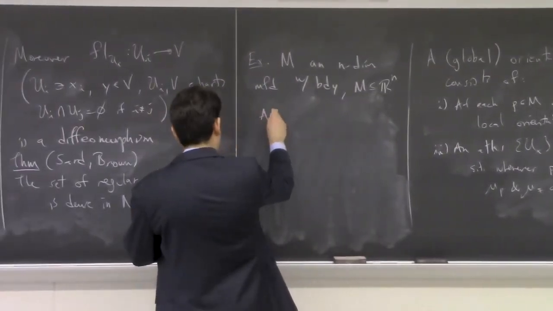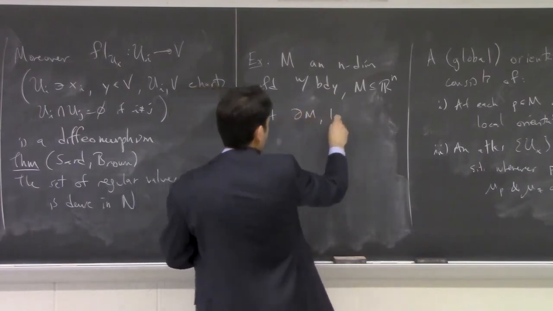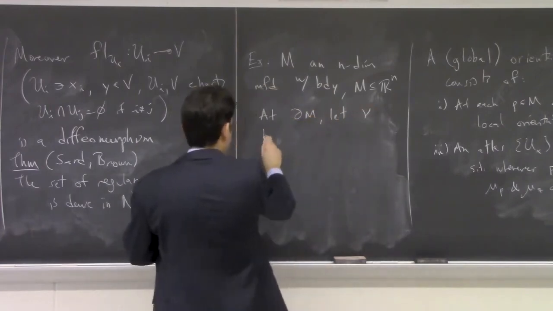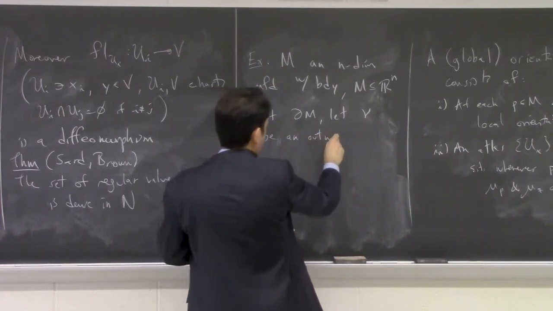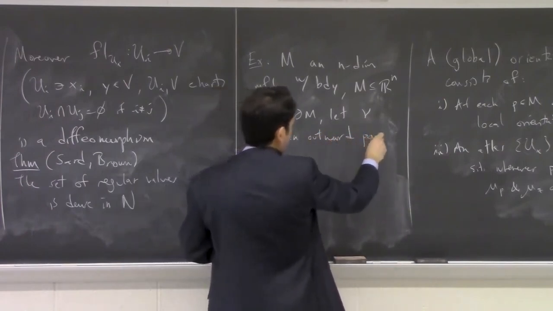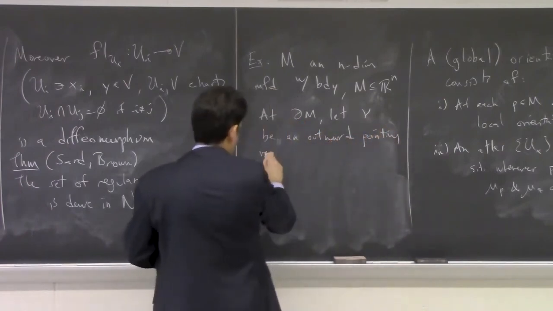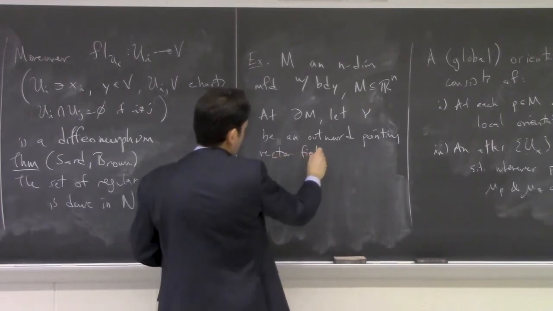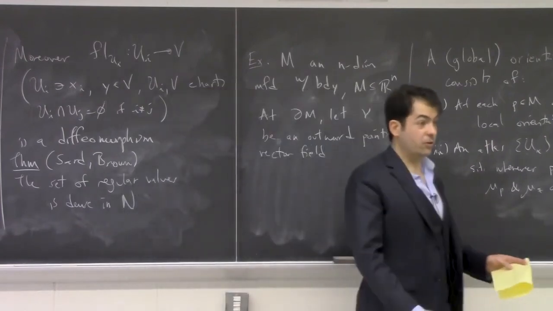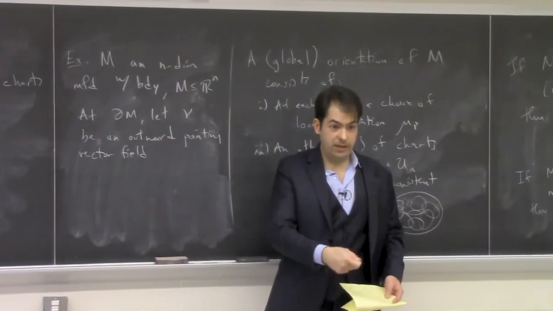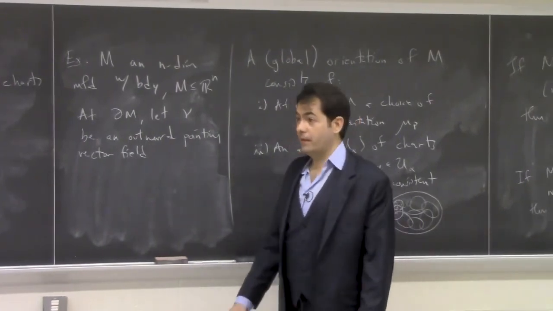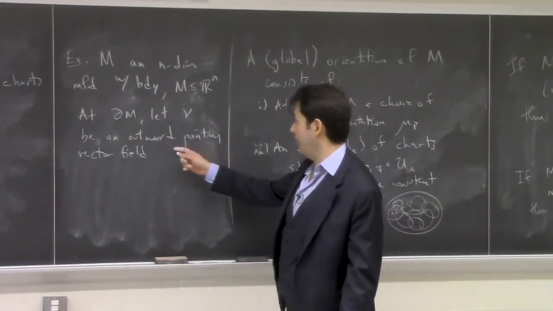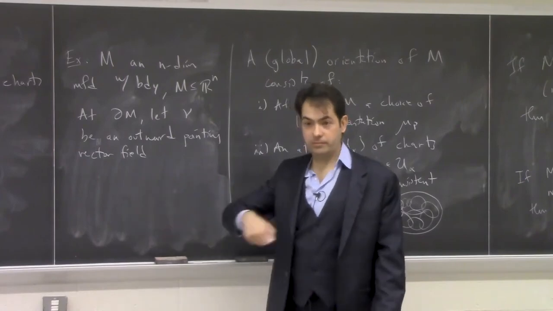At the boundary, let nu be an outward pointing vector field. This is just like in calculus when we're teaching our students how to integrate: you pick an outward pointing vector at the boundary.